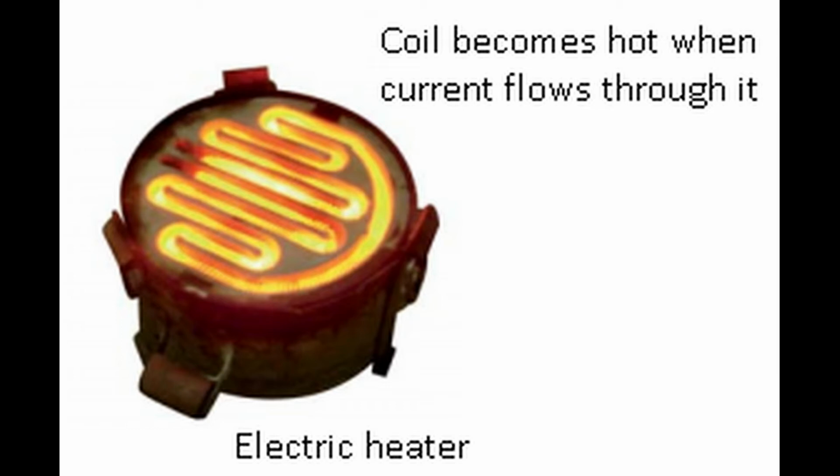You can see in the slide, it contains a coil which becomes hot when current flows through it. This coil of wire is called an element. You may have noticed that when these appliances are switched on after connecting to the electric supply, these elements become red hot and give out heat.